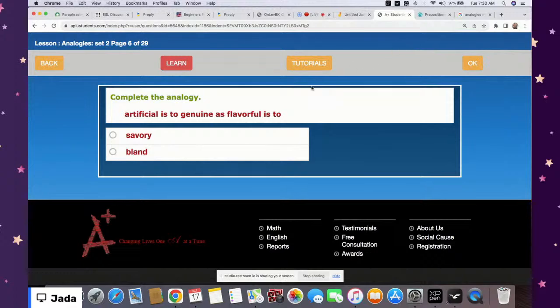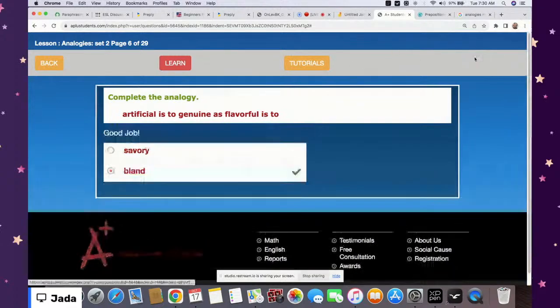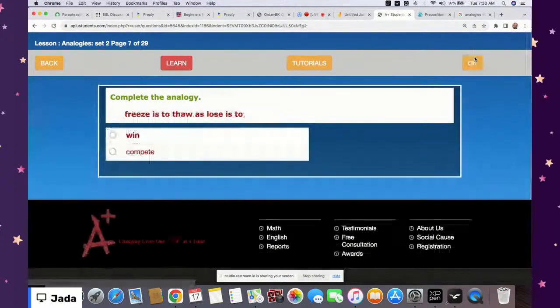So the answer here is, is it win or compete? Is it winner competes for this one? Okay, compete. So compete is wrong, it's actually win. So just like I said, if you get anything wrong, you scroll down and you get the correction.